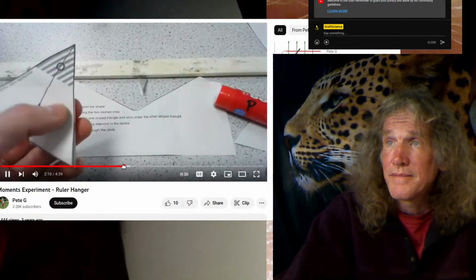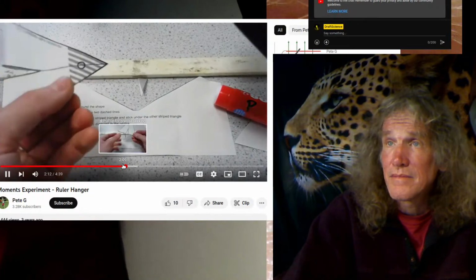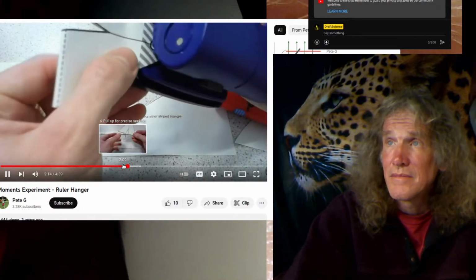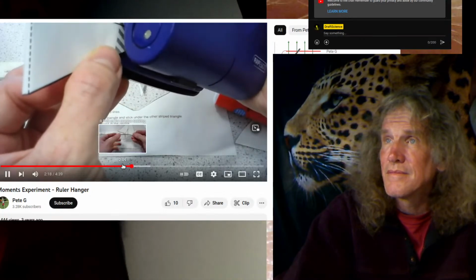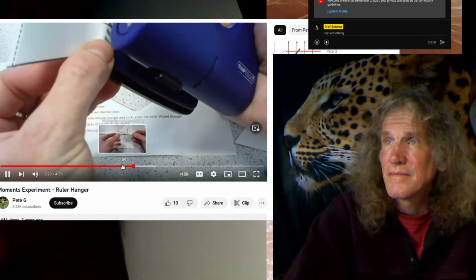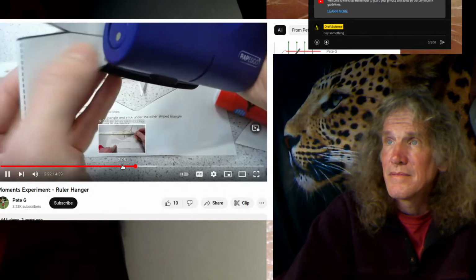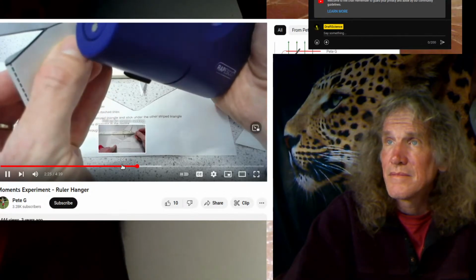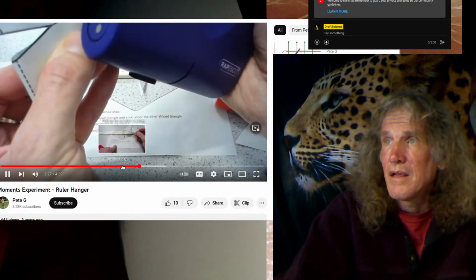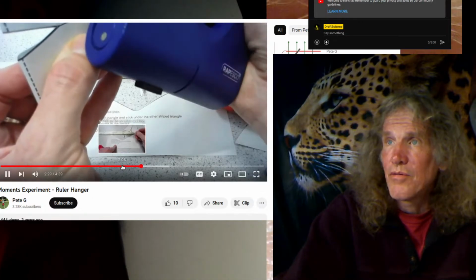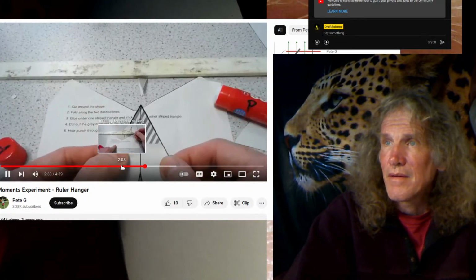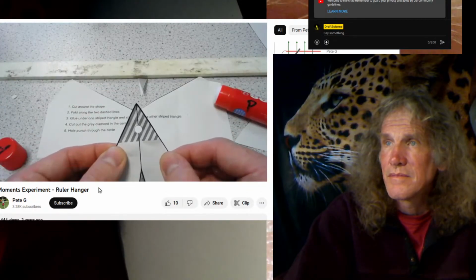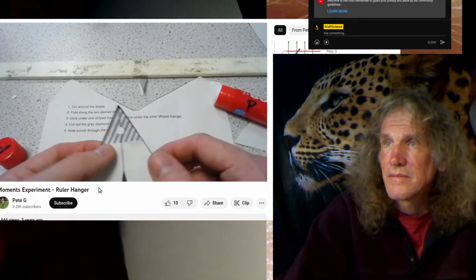The one bit where you want to make sure you've got the hole punch lined up nicely along that center line. It's the first time I've used this hole punch to do it, so we'll see if I manage to do a good job or not. It does seem like a complicated hole punch, but whatever. Yeah, not bad. So you want to hole punch it with the hole centered nicely along that line. And that's it, you're done.